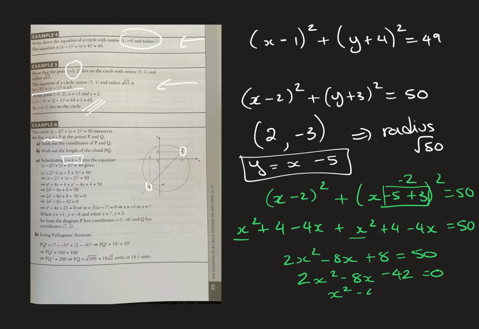Simplify: x squared minus 4x minus 21 equals 0. And then simply solve that. As you can see here, that's all they've done. Solved it: value of x minus 3, value of x 7. Substitute into this equation here, and they were able to work out the values of y.